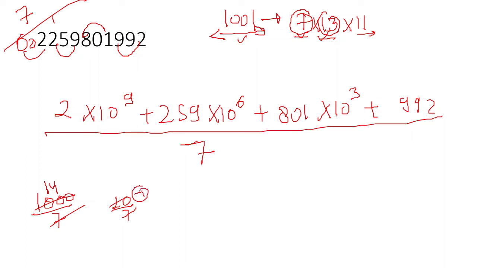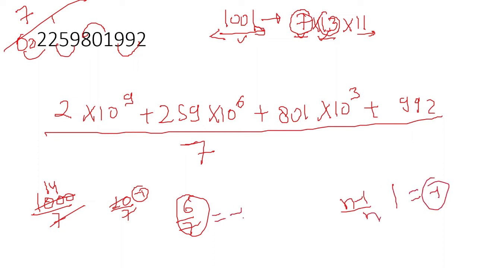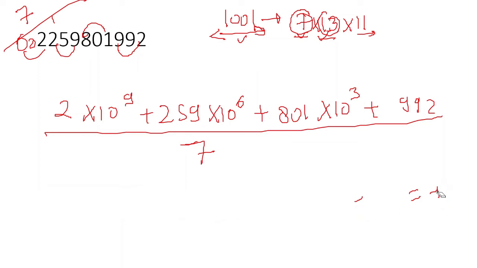Again, this is coming minus 1. Why is this minus 1? Because the remainder will be 6. I have told you the n minus 1 upon n remainder will be the negative remainder, minus 1. So here the remainder is minus 1. If you divide 1000 by 7, you will get the remainder as minus 1. So for 10 to the power 3, or for 1000, the remainder is minus 1.